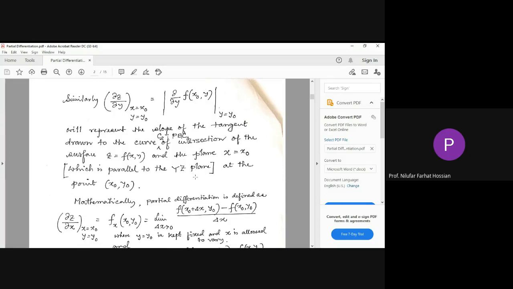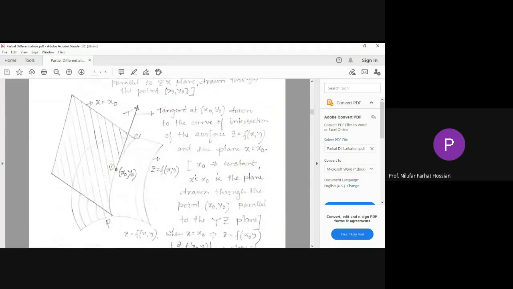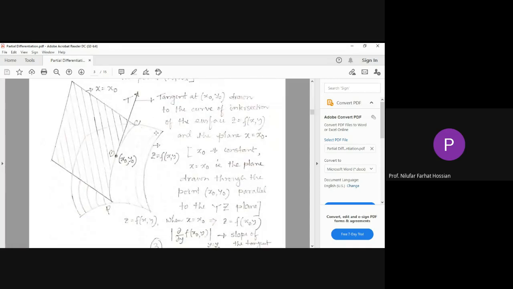So you can look at it in the second graph. Here this was the original surface and this plane is denoted by x equal to x naught. When this plane intersects this surface, you get a curve, and this is a particular point on this curve. On this curve, x equal to x naught is a constant at each point.